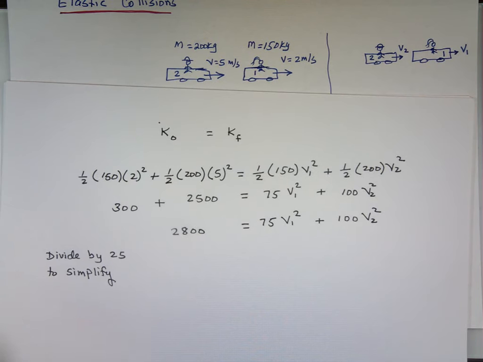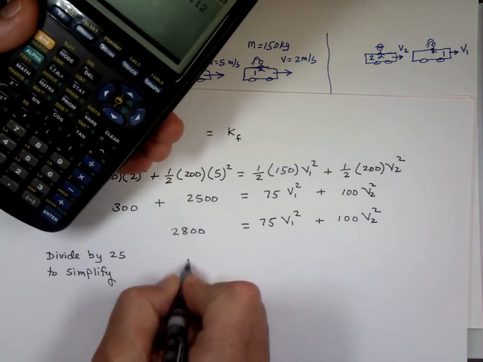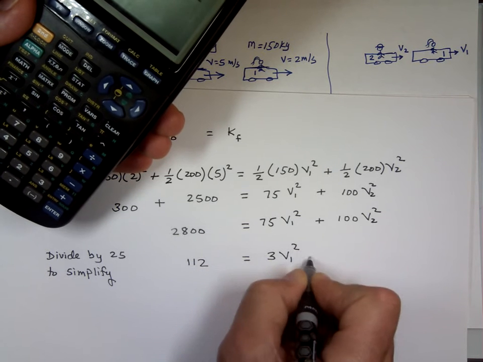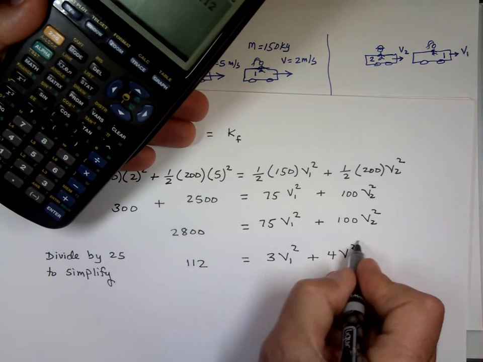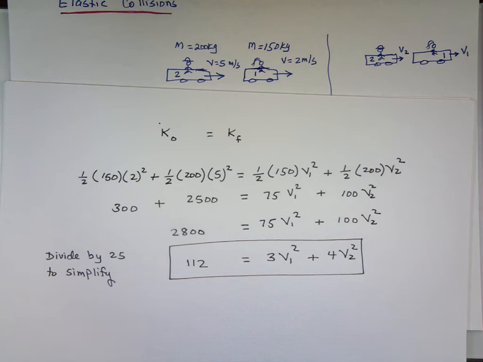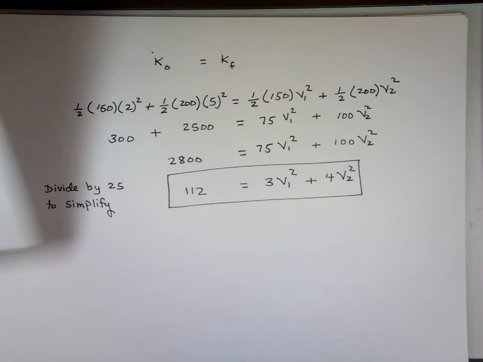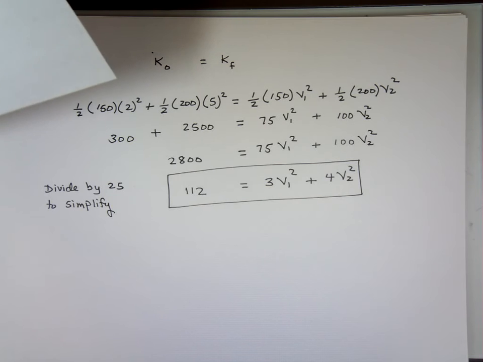So what's 2,800 divided by 25? 112 equals 3 v1 squared plus 4 v2 squared. And now we have two equations by two unknowns. Physics is done for now.